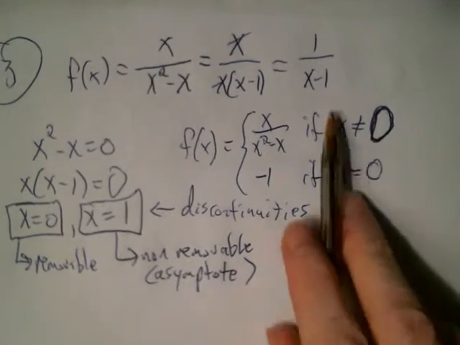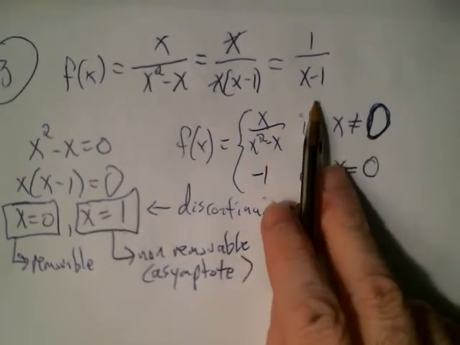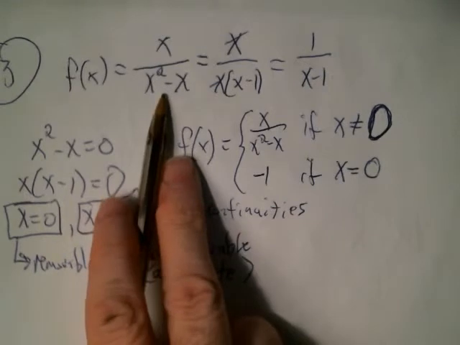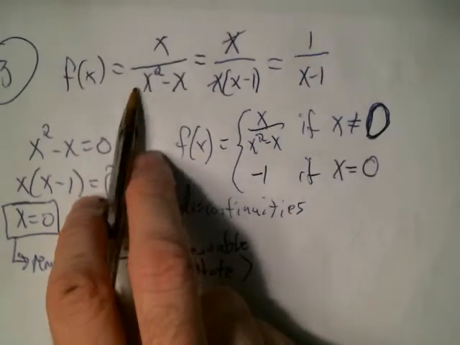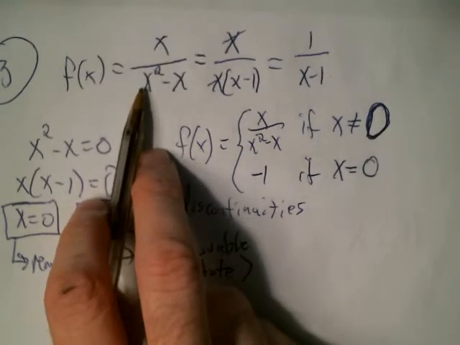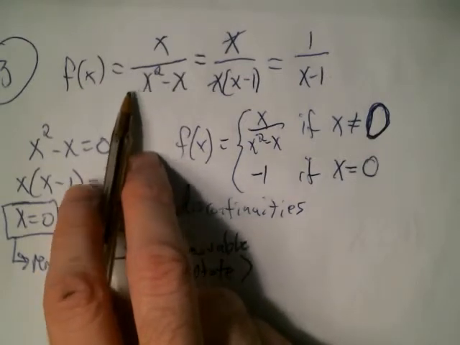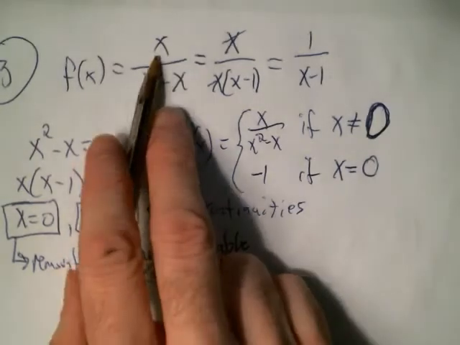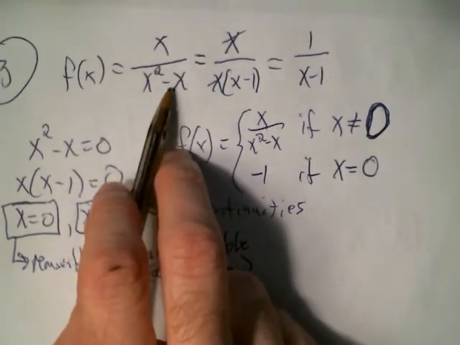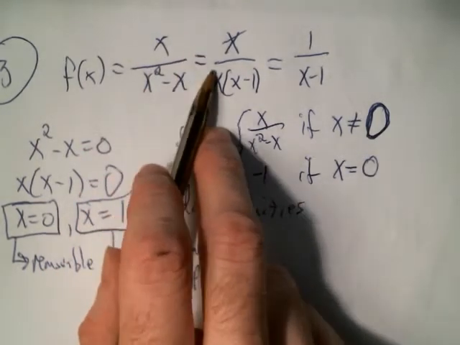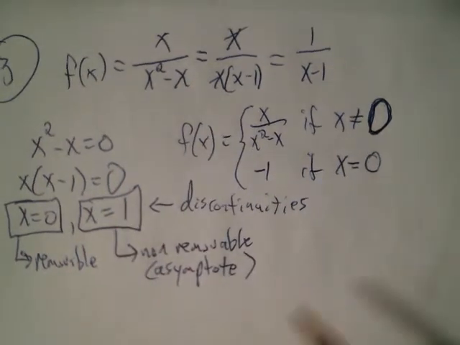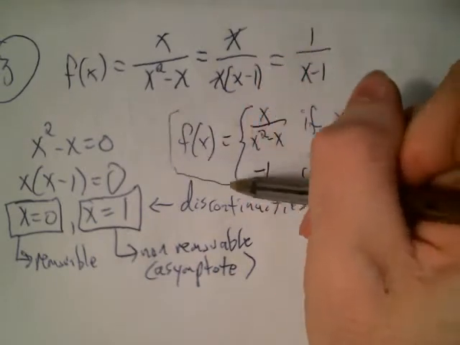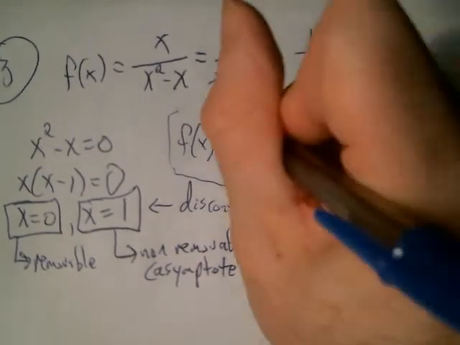Note, if you put x equals 0 into the simplified form, you get 1 over -1, which is -1. But if you put 0 into the original, you get 0 over 0, which is our indeterminate form. And this would be the fix. This would basically remove the discontinuity.